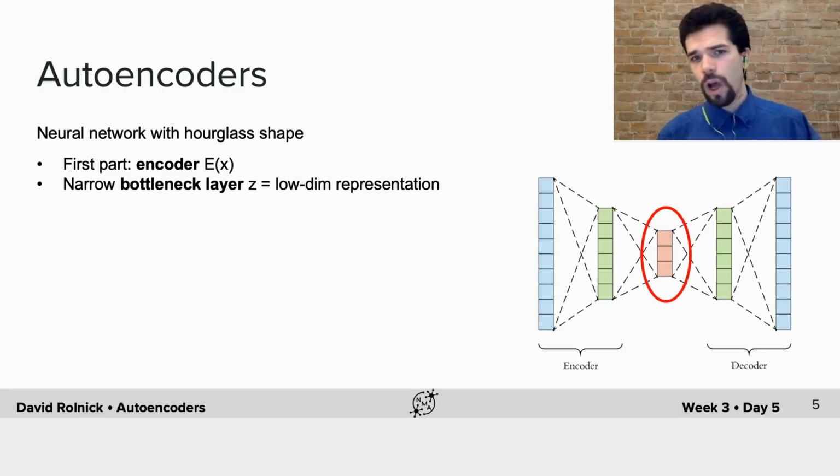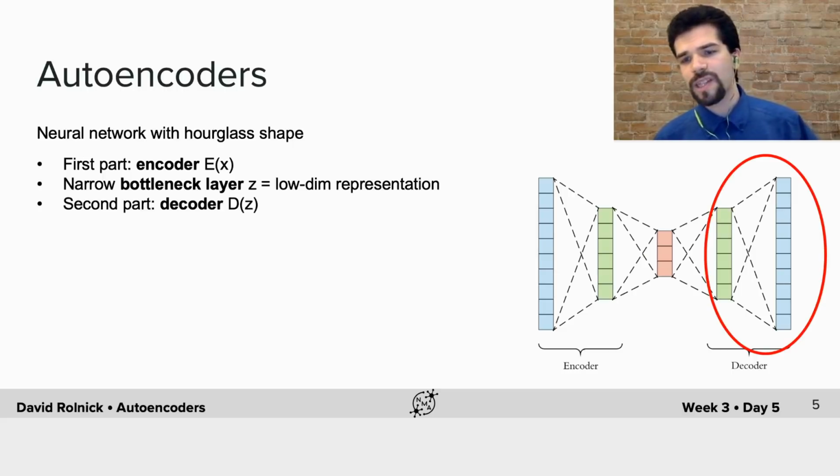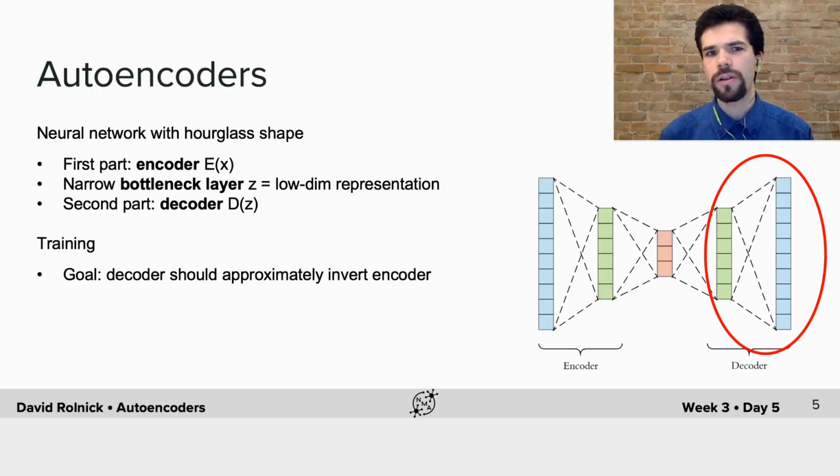Now, once you've gotten it to a low-dimensional representation, the neural network will expand back out and take it back to the high-dimensional representation. Why it does that will be clear in a moment. This part of the network is called the decoder. This is the expanding back out part of the hourglass. The idea here is that the encoder and the decoder should roughly be inverses of each other. You're going to train this autoencoder so that the decoder inverts the process of compression.